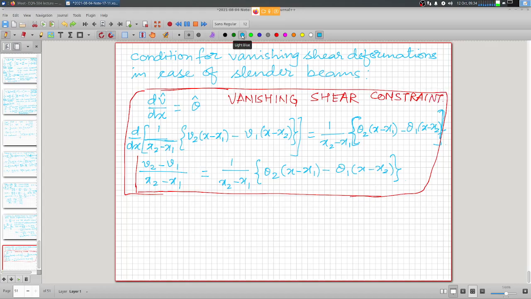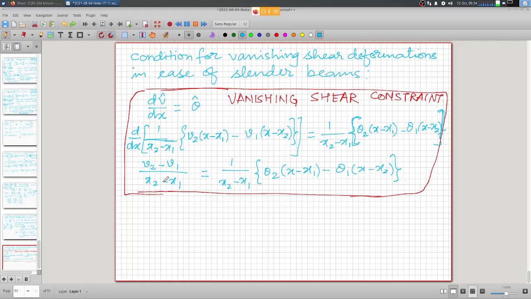Now what are the implications of this? What is this value, v2 minus v1 divided by x2 minus x1? What can you say about it? Is it a constant? Is it a first degree polynomial?